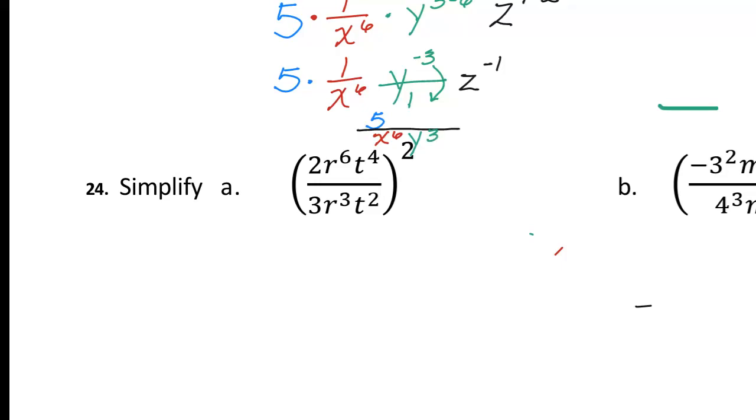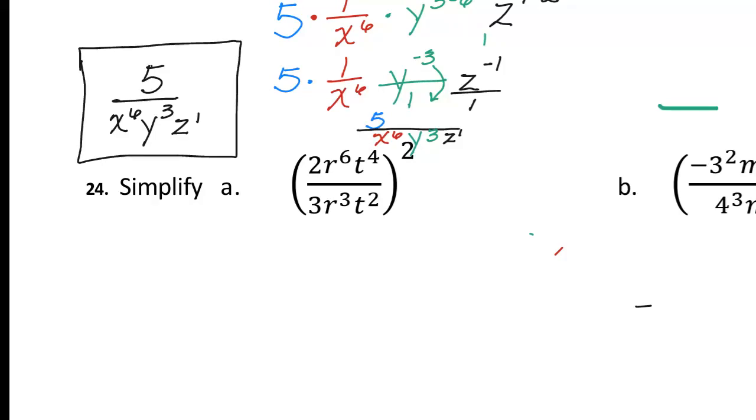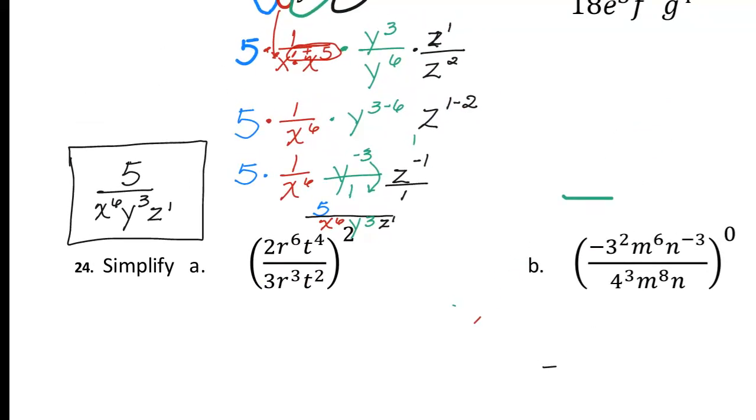And z to the negative 1 doesn't like being on the top, so I have to put that one down on the bottom. So if I were to rewrite that, it would be 5 divided by x to the 6th, y to the 3rd, z to the 1st. Okay? Questions on that?